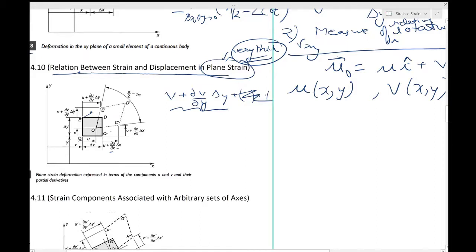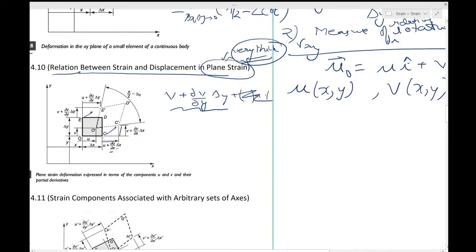So C has moved to C dash, and these are the two components. Geometrically, this is clear now: O has moved to O dash, E to E dash, C to C dash, and D to D dash, but we are not worrying about that right now. We don't intend to write what that value is.